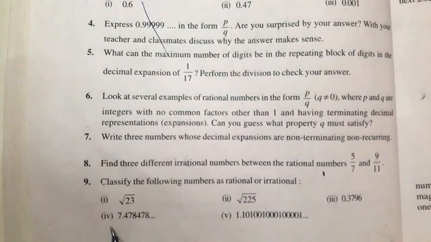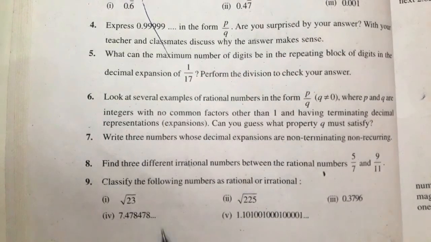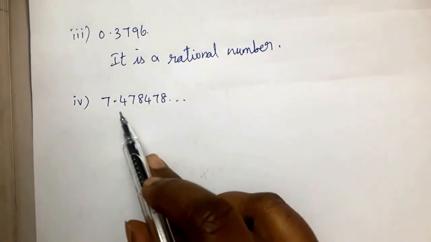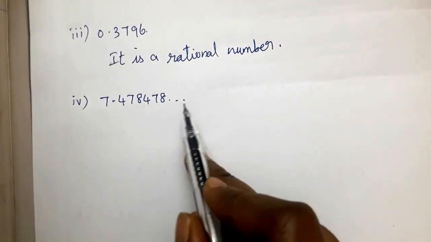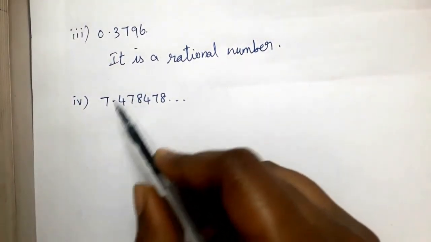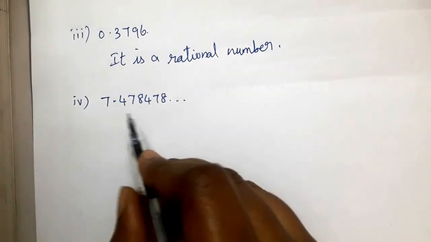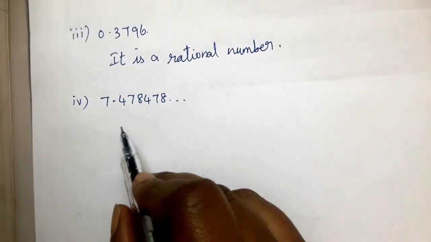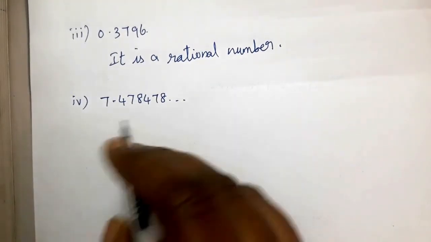Next, fourth one, 7.478478 and so on. Here the repeating block has 3 digits. So it is a non-terminating but repeating decimal expansion. So it is a rational number.